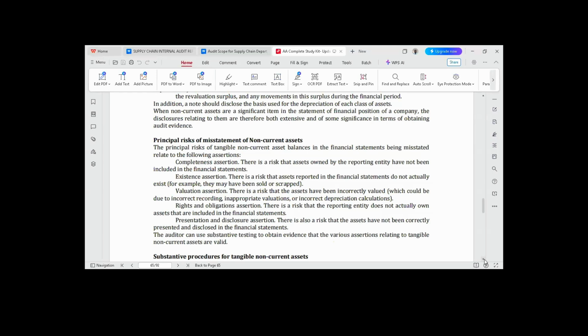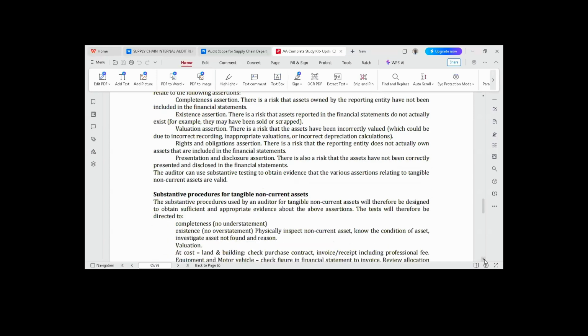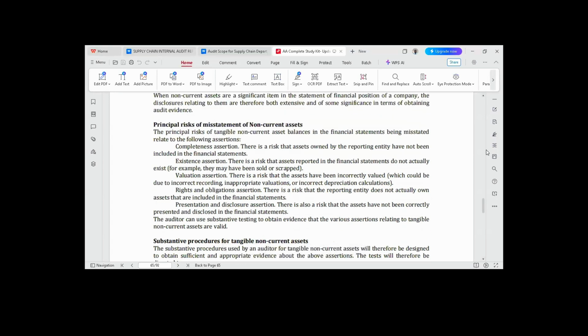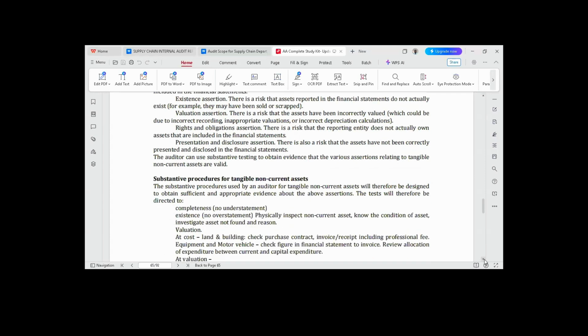So what are the substantive procedures the auditor will now carry out to ensure that these assertions or these risks are mitigated? You cannot eliminate this risk, only mitigate them. So the auditor will carry out some of those tests.